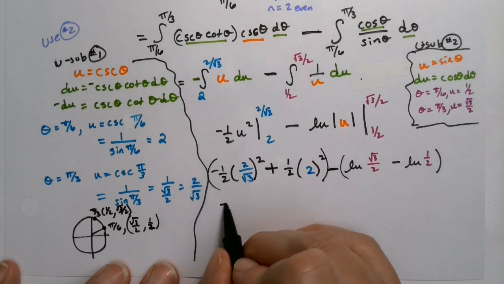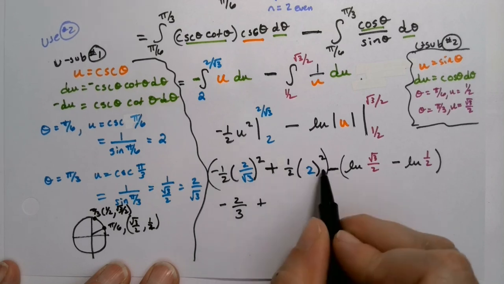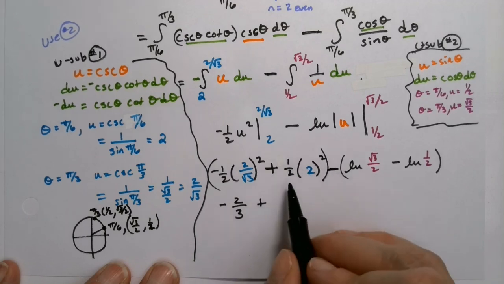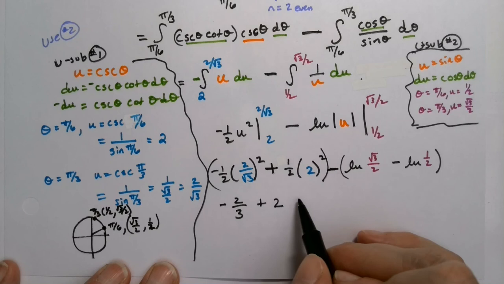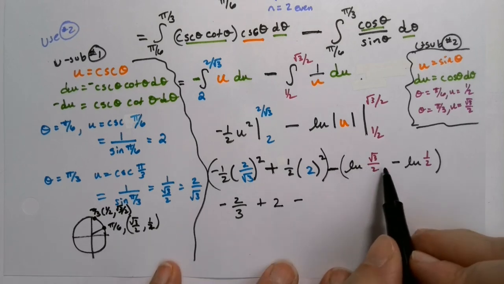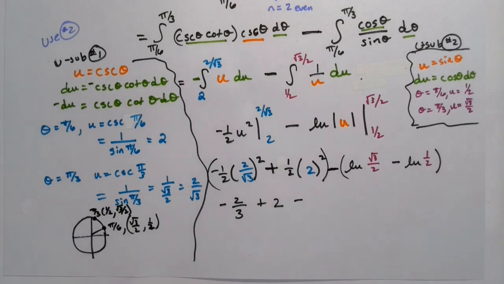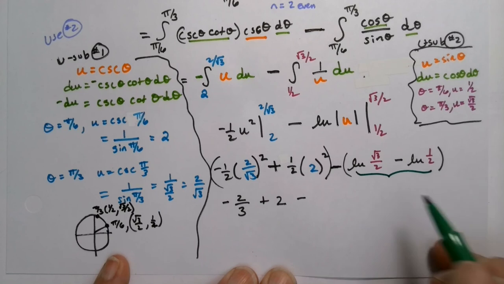So that would be negative 2 over 3 plus, again, 4 divided by 2 is 2, minus, and if you think about your rules of logarithms, there's a quotient rule.